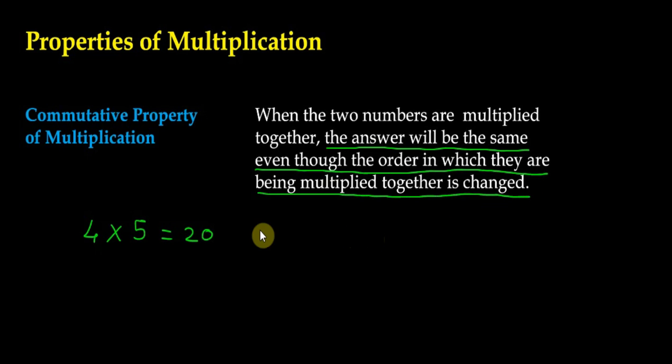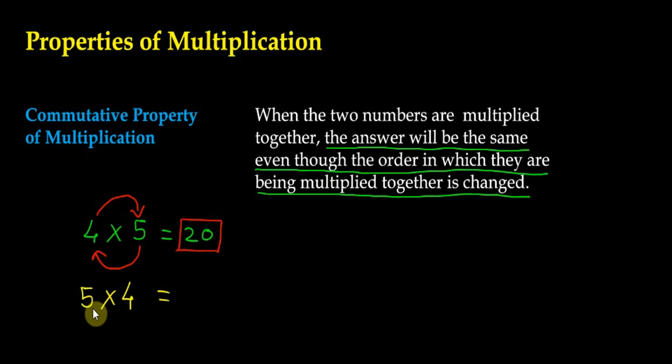Now what does that mean? That means even though we change the order of these two numbers, meaning if we put 5 in the place of 4 and 4 in the place of 5, we should get the same answer, 20. So let's check this. 5 goes in the place of 4, so 5 will come first, and 4 goes in the place of 5, so 4 comes next.